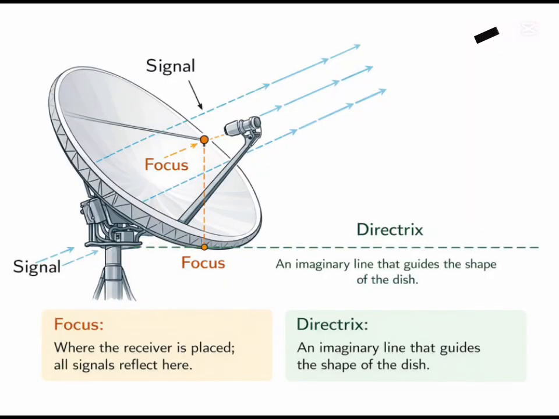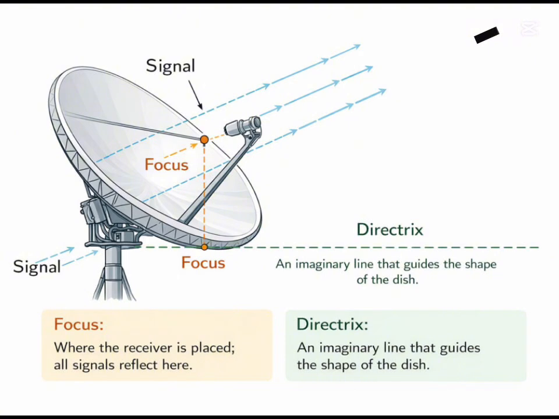So looking at the diagram in our video, you can clearly see that when we take a signal dish, right? Looking at this dish, this is what we call an ellipse, right?